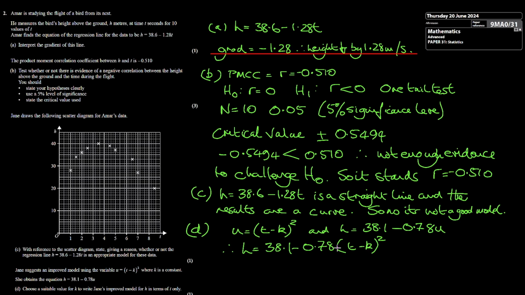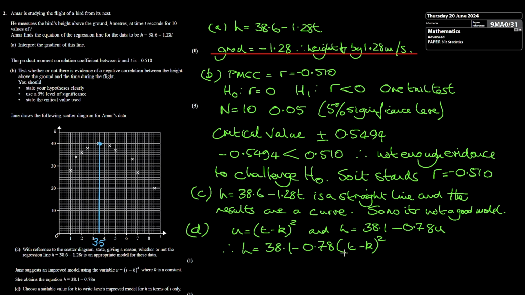Now k is the point where this curve reaches a maximum, because k will determine the time which, when subtracted from the variable t, will cause this expression to go to 0, which means we're roughly at this point here on the graph. And from the plot, the maximum seems to occur where t is equal to 3.5.